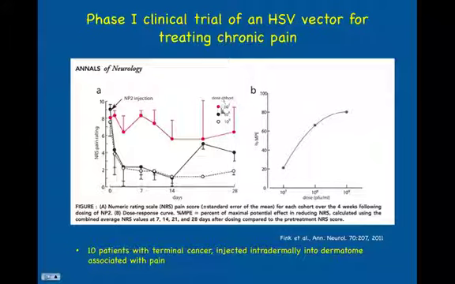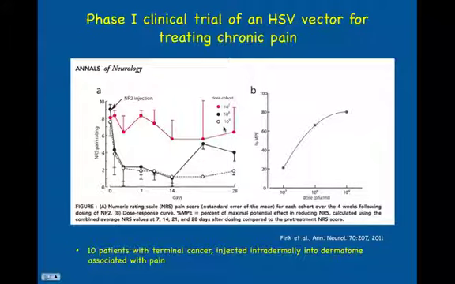Dose cohort, so 10 to the 7th is the lowest, 10 to the 9th is the highest. So the lowest one has the highest pain ratings. Pain ratings are a subjective measure of how pain feels to people, but you can see the people who got a higher dose definitely are reporting less pain.